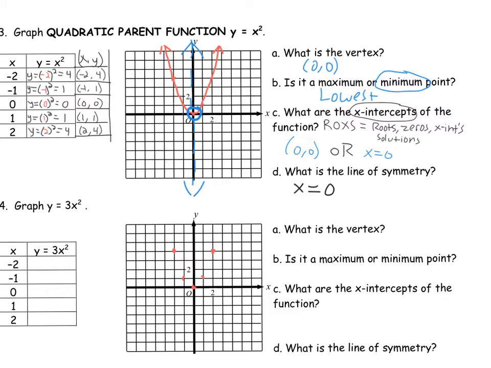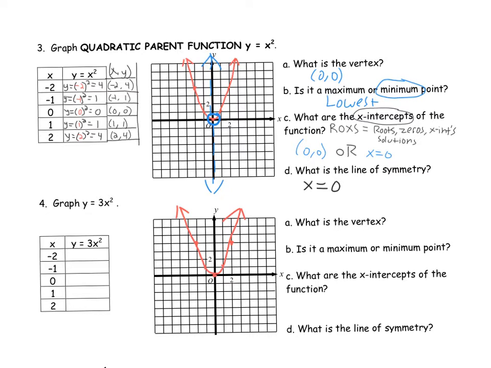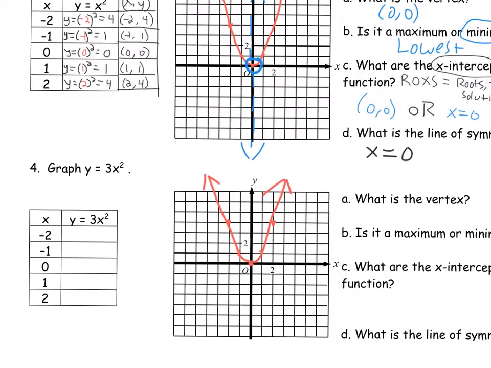Because I want you guys to see what the difference is between the new graph and your parent function, okay? So once again, if you have two colors, like I see that Destiny has a black pen, that's perfect. So use this in a different color on all of your problems, then do the new one on top of it, okay? You'll see that they're different a little bit, okay?